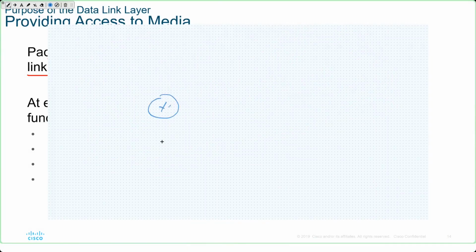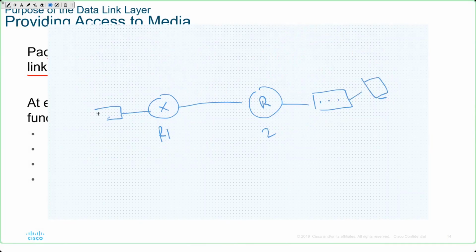You have router 1 here connected to router 2, and that could be connected to a switch, and then the switch is connected to a computer. Over here you have another switch, or let's say it's a Wi-Fi access point, and then you have a laptop here that is connected to this Wi-Fi through wireless signal.